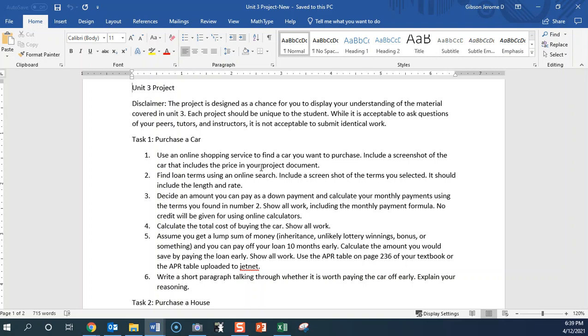Number 2 was the loan terms, which would be here, which would be that N equals 60, R equals 4.33. That's the loan terms. And then decide on the amount of the down payment. And also finding the monthly payment, that will be number 3.